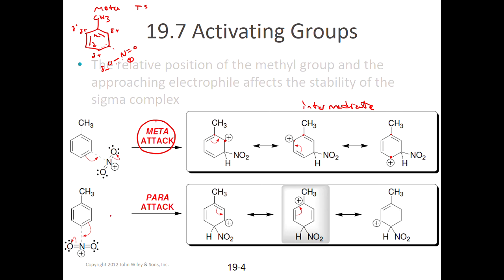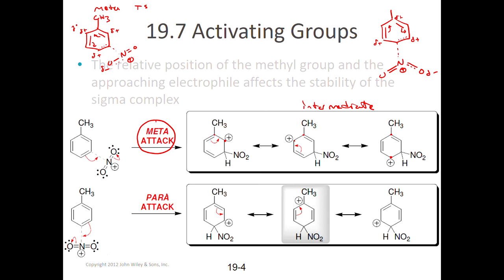Conversely, with the para attack, we look at the transition state there. As the pi bond breaks, it starts to form a new bond with the nitro group in the para position. Due to resonance, the partial positive is going to be spread out over 3 carbons, but this time it does happen to immediately exist at the para position.